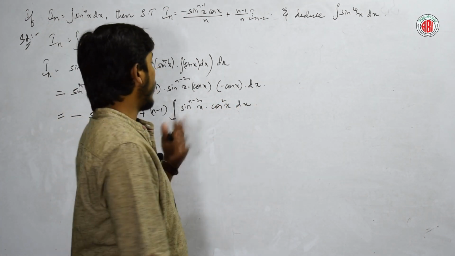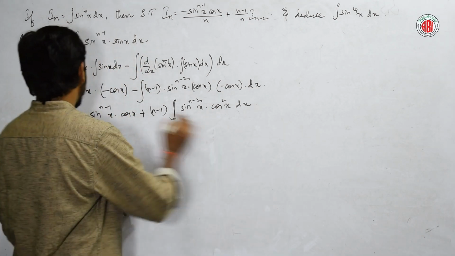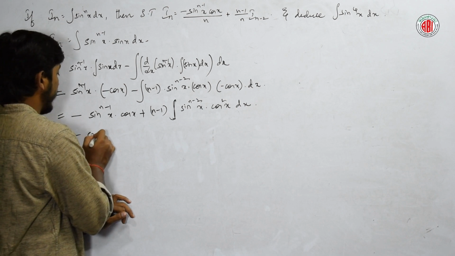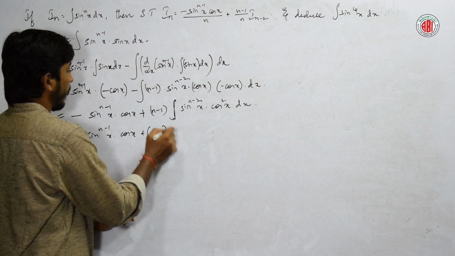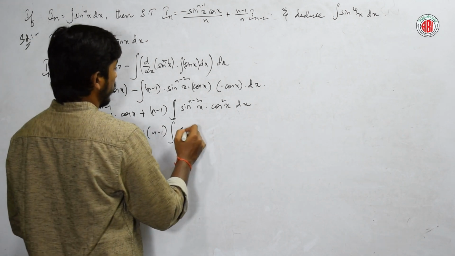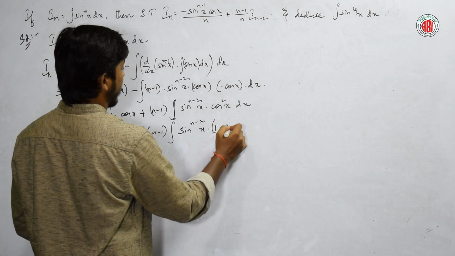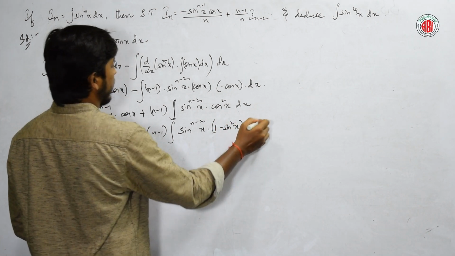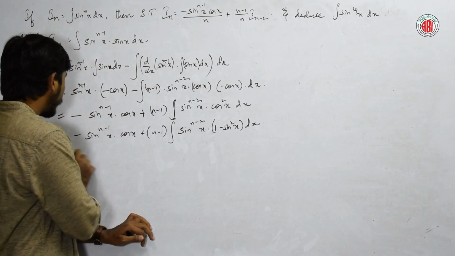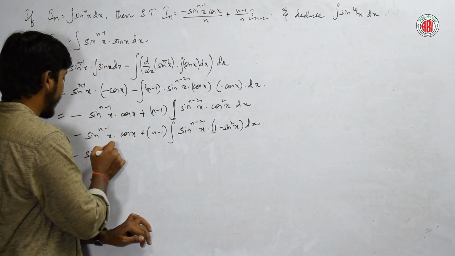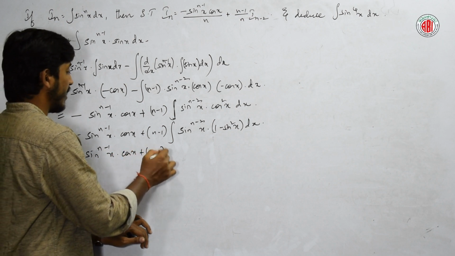Now let us simplify by writing cos square as 1 minus sin square. So what do I get? Minus sin power n minus 1 x cos x plus n minus 1 into the integral of sin power n minus 2 x into 1 minus sin square x dx. Now let us multiply this. Then we will get minus sin power n minus 1 x into cos x plus n minus 1.